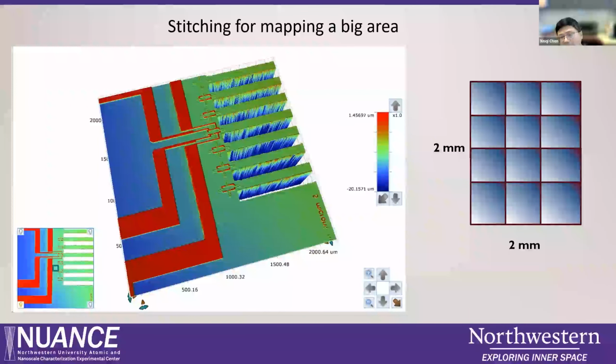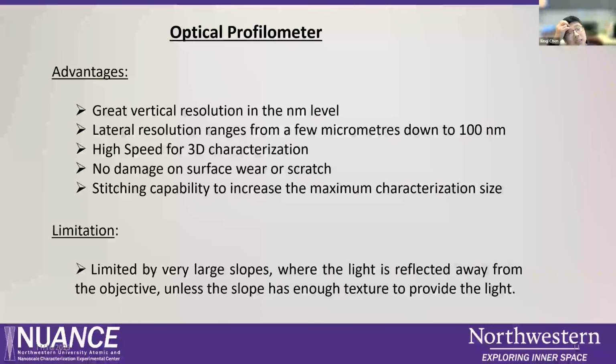So next, I will show this, just like a summary for the optical profilometer. You have a great vertical resolution at the nanometer scale. The lateral resolution can range based on the objective lens. You can get it down to like 100 nanometer. And high speed is an advantage of this optical view.